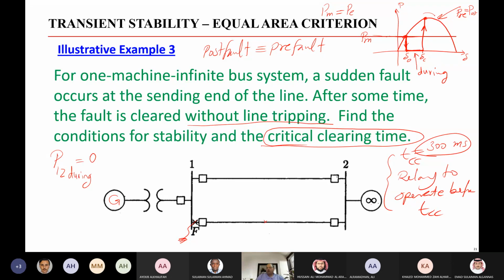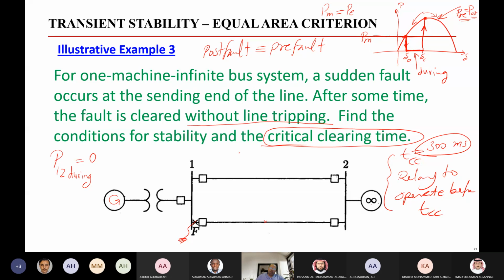Yes, of course, it will go back and forth due to the inertia and the acceleration. But finally, since the pre-fault condition equals the post-fault condition, with the same power curve, this is the steady state operating point. And finally, it will settle back at delta 0.